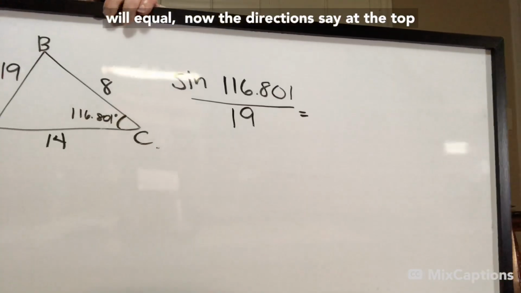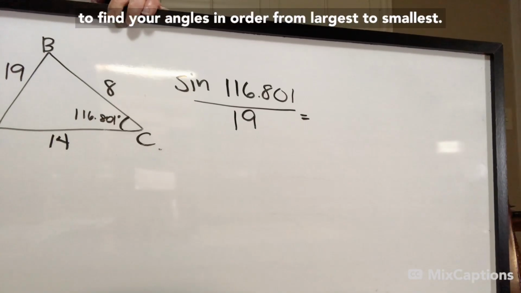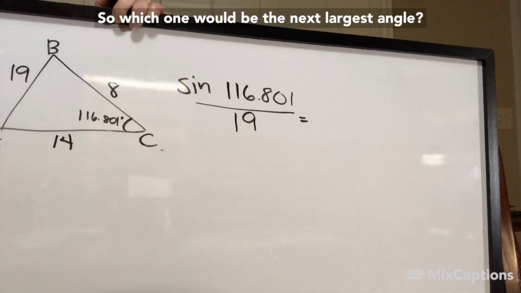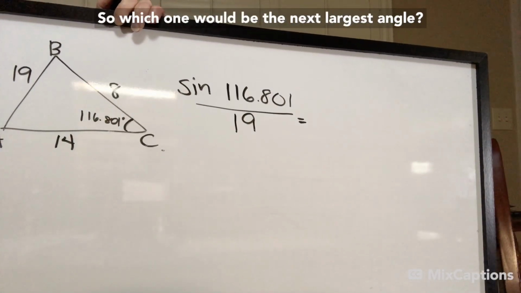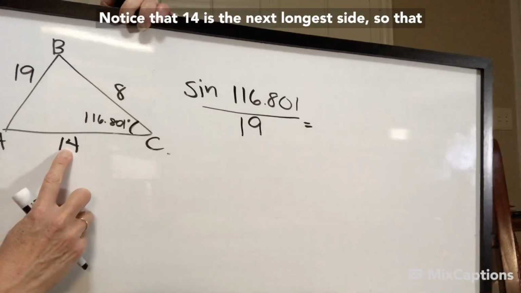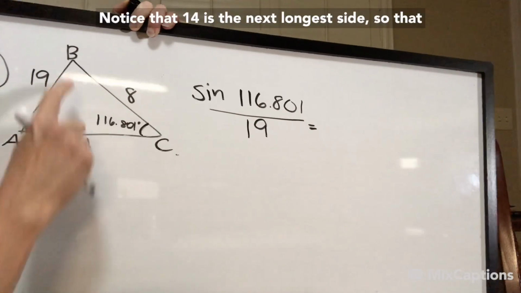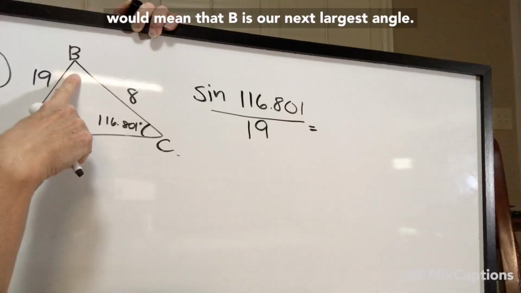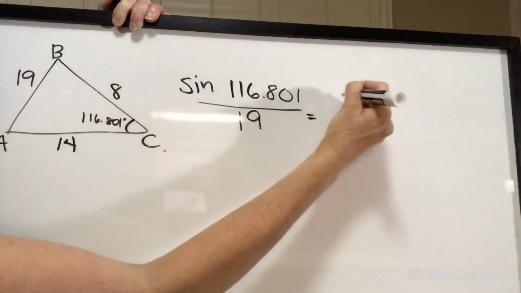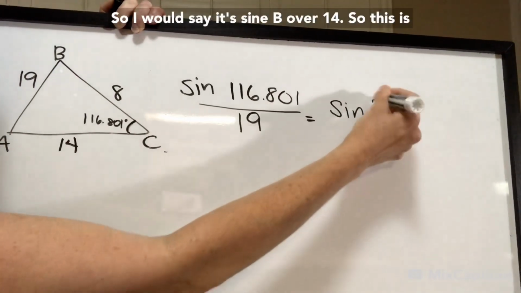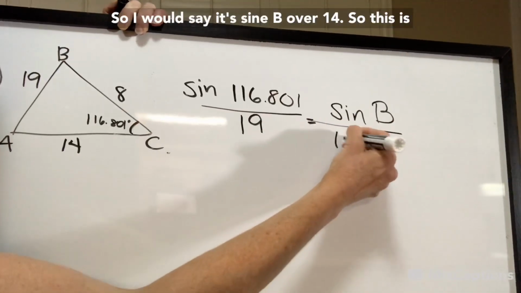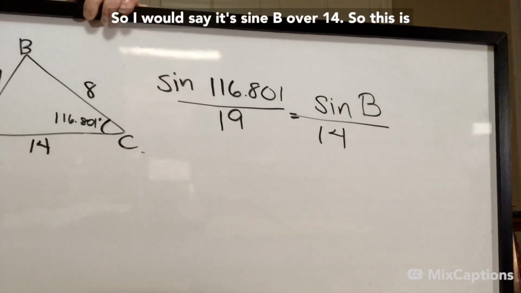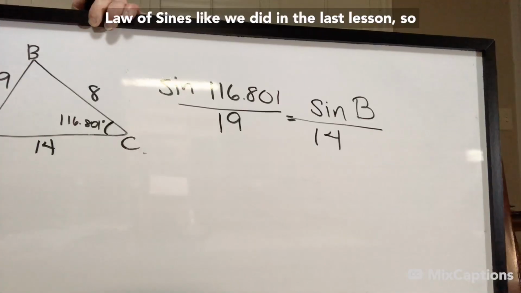Now the directions say at the top to find your angles in order from largest to smallest. So which one would be the next largest angle? Notice that 14 is the next longest side, so that would mean that B is our next largest angle. So I would say it's sine B over 14. So this is law of sines like we did in the last lesson.